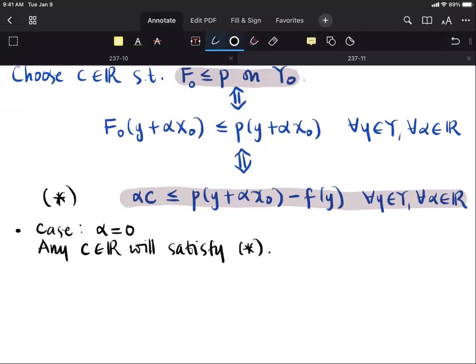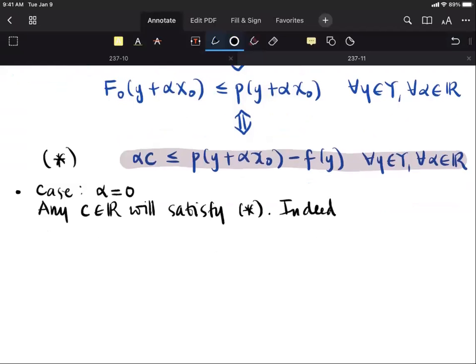Indeed, take note that p of y plus alpha x naught minus f of y, if alpha is 0, is the same as p of y minus f of y.